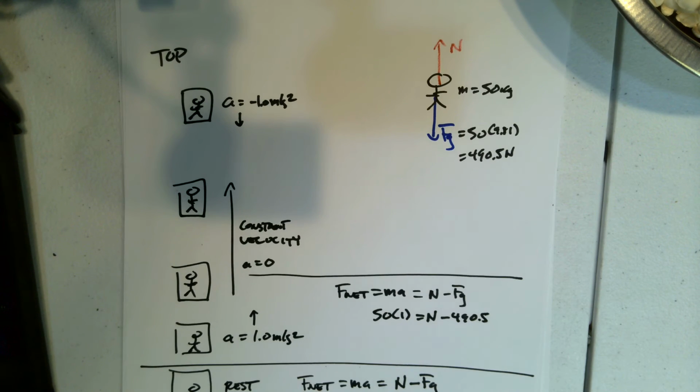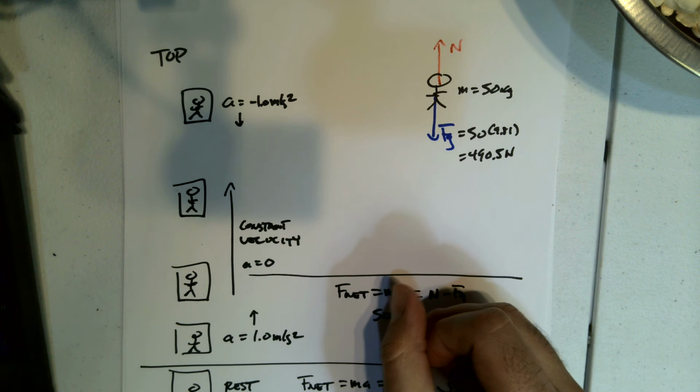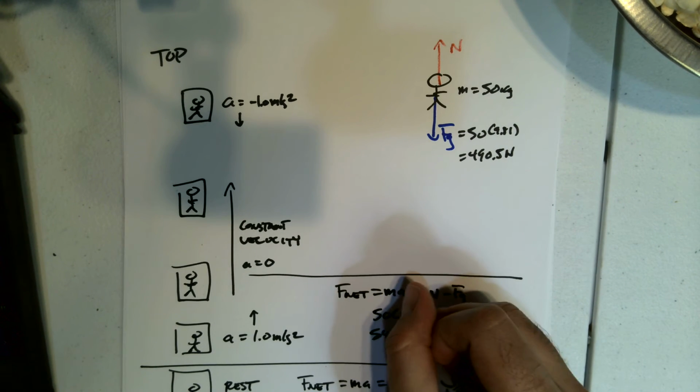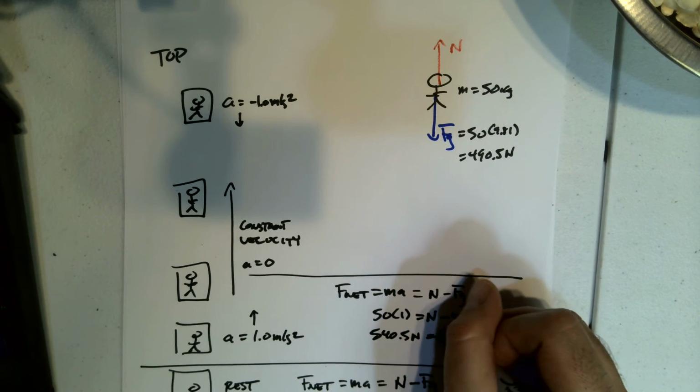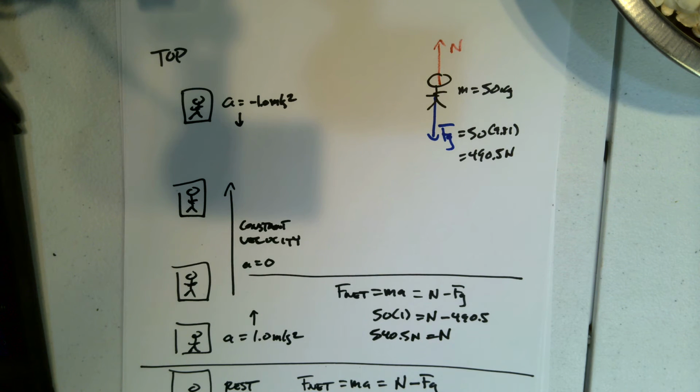When we add 490.5 to both sides, what we end up getting is a normal force of 540.5 newtons. So our normal force now is greater than gravity.